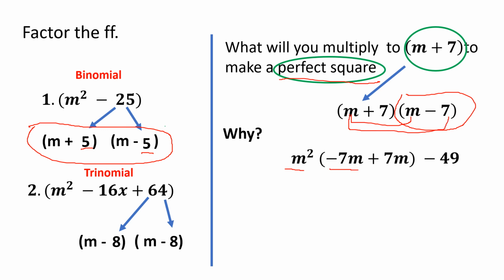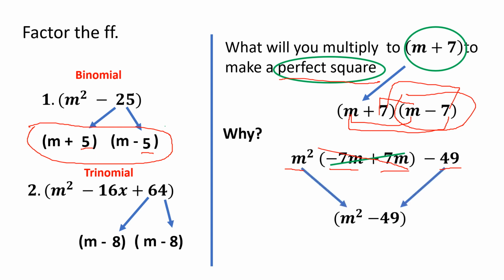Then we have m times 7, that is equals to positive 7m. And if we multiply positive 7 times negative 7, that is equals to negative 49. Then kung mapapansin natin, we have to cancel out this kasi magkaiba po sila, same number, magkaiba ng sign. And your final answer is m squared minus 49, which is also a perfect square.